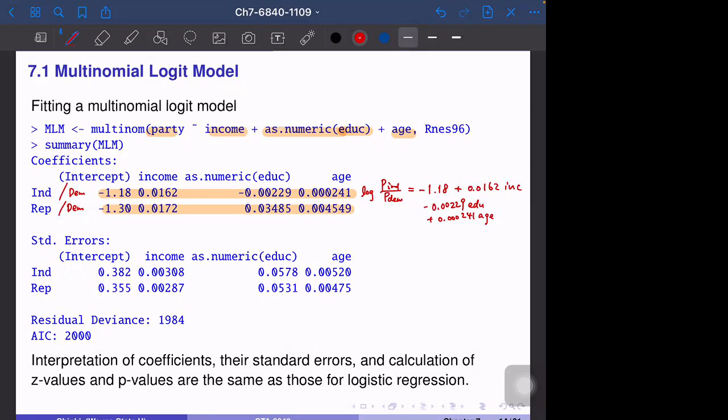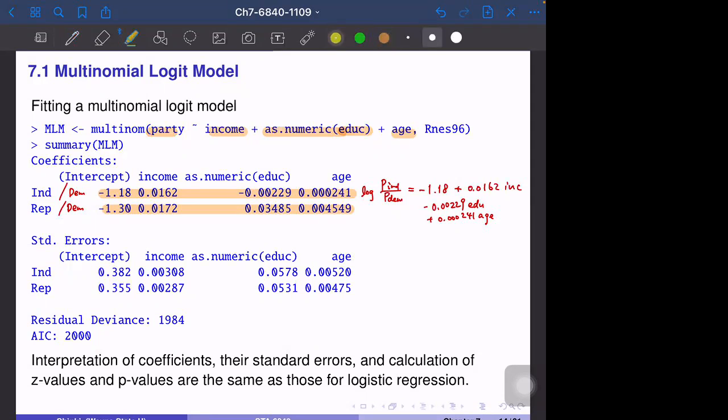So this is the model, and the next one is the log of probability of Republican over probability of Democrat, in the same way.